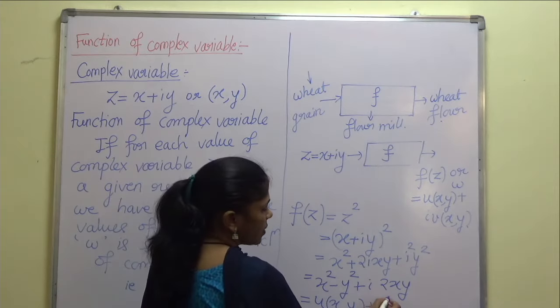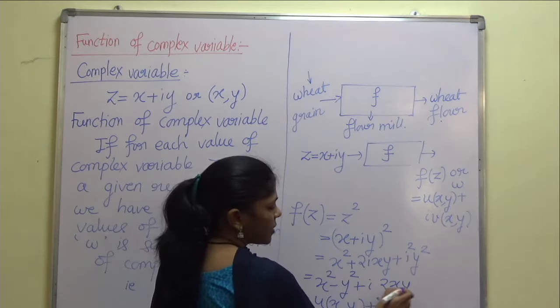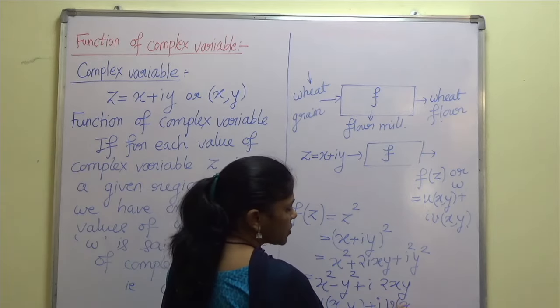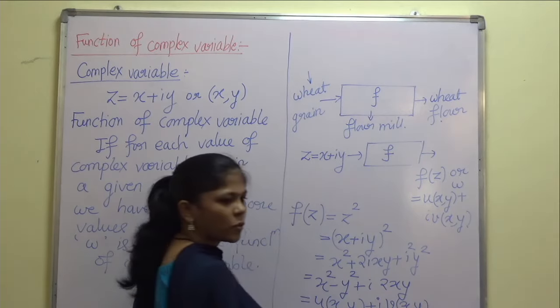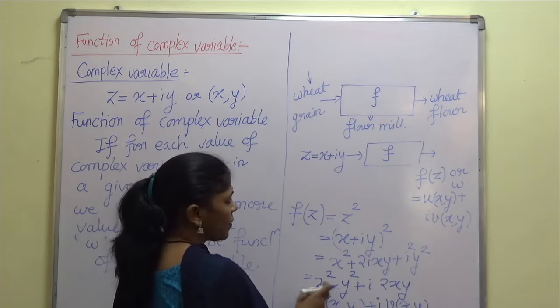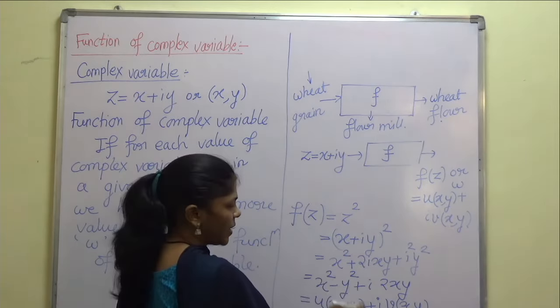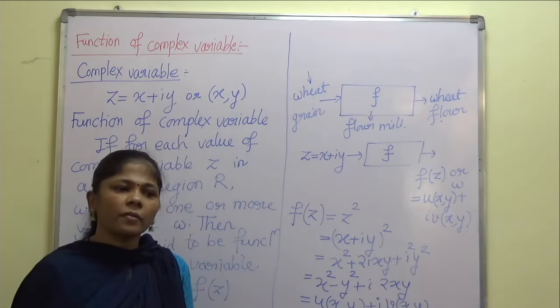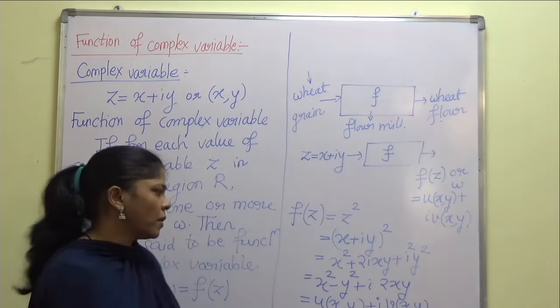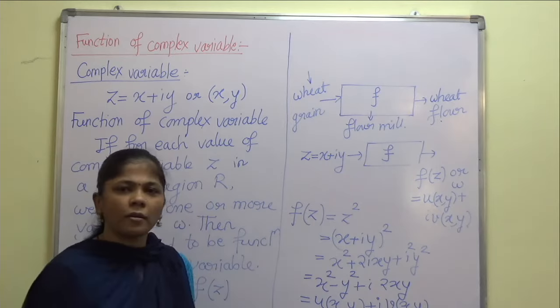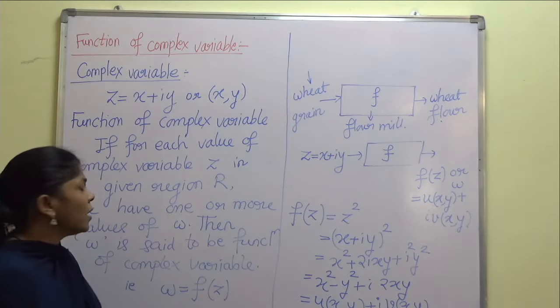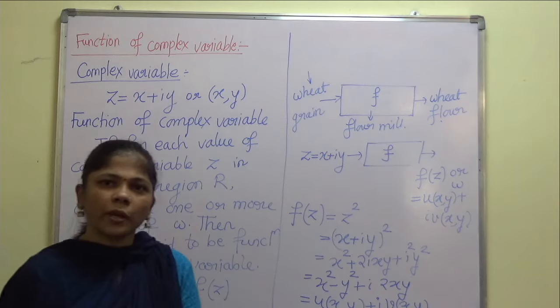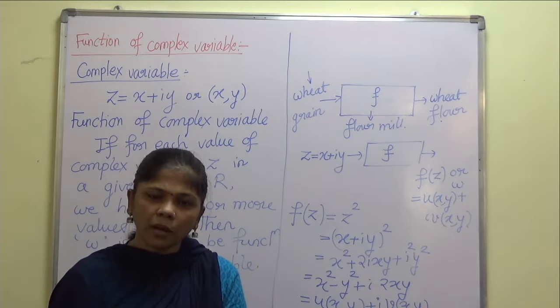Similarly, what is left is also a function of x and y, so I'll write it as v of xy. So what we are finding here is that u of xy is x square minus y square and v of xy is 2xy. In this way we get the real part and imaginary part of a given function of a complex variable. I hope this concept is clear to you all.